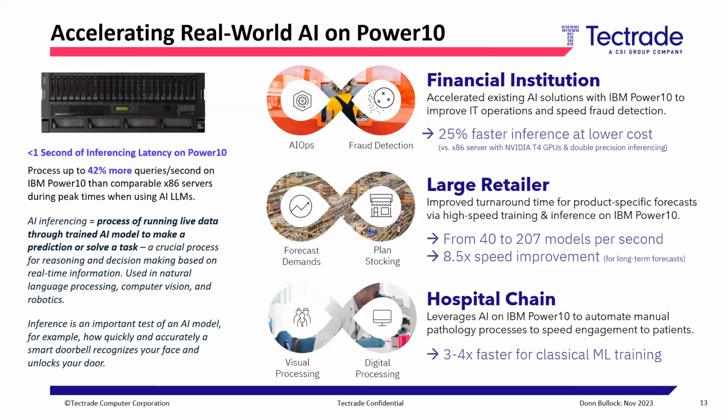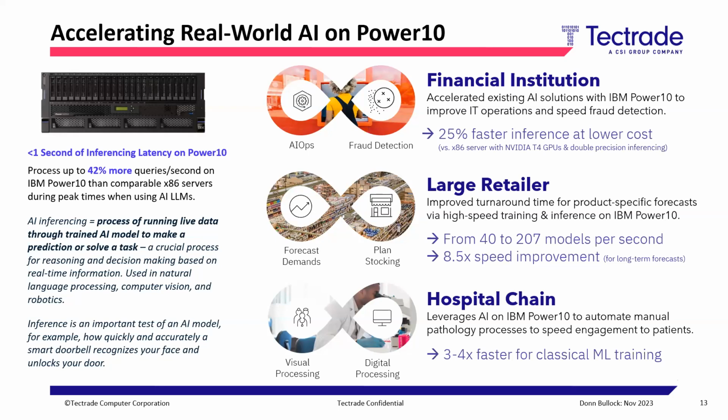The speed at which that's able to be performed is a component of Power10, but Power10 doesn't stop there. Its ability with its AI accelerators gives it the ability to inference on a faster basis. That's where you take live data, stream it into your AI environment, and it gives the AI engine the ability to make decisions on a real-time basis. I like the way that this last sentence really describes it.